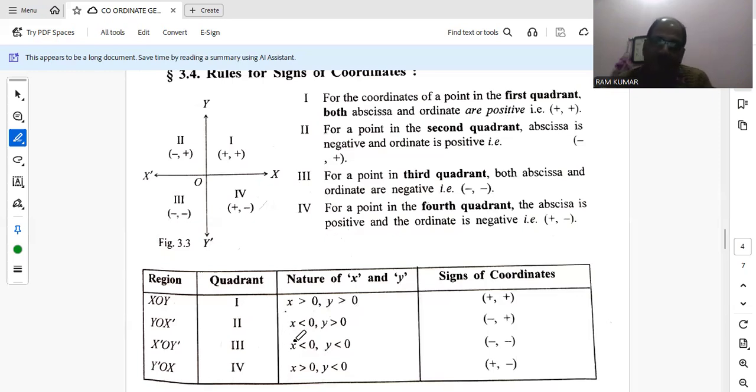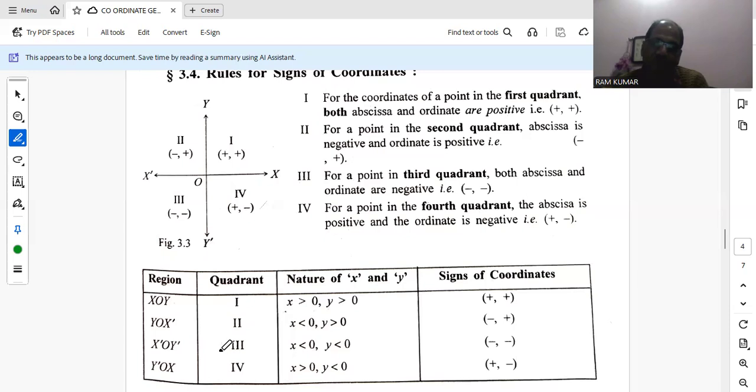In the second part it is given x is less than 0 and y is greater than 0, means x is negative and y is positive. That means minus plus. Then this point will lie in the second quadrant. In the third part it is given x is less than 0 and y is less than 0. That means both are negative.